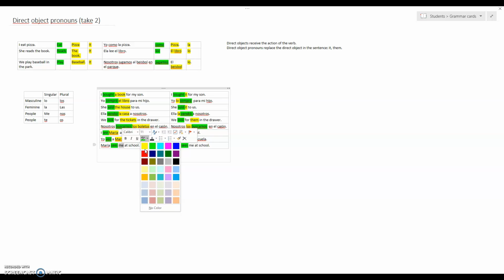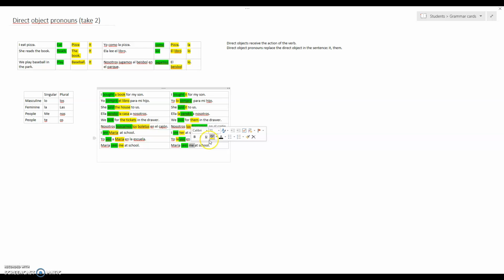Okay. And if I were being like 100% consistent, I would say she sees Mr. Campos at school. Maria sees Mr. Campos at school, but that sounds weird to me, so I'm just going to go straight to the direct object pronoun there. Maria sees me at school. Okay, so Maria, now Spanish sentences, sees is "ve."